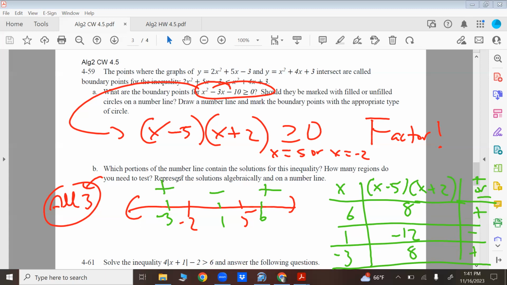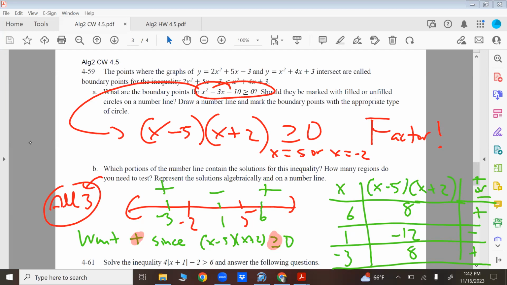We want positive since x minus 5 times x plus 2 is greater than or equal to 0. So let me get a little highlighter here. We want positive.